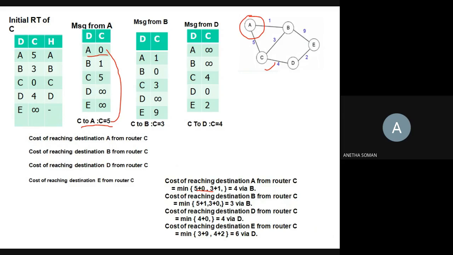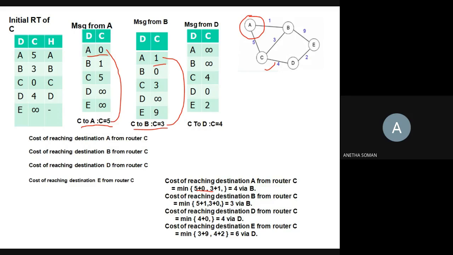Okay, now the second one is from B. I have to reach destination A from my router C. The possibility is from C to B, I know the cost, and from B to A, I know the cost. So 3 plus 1 is added.